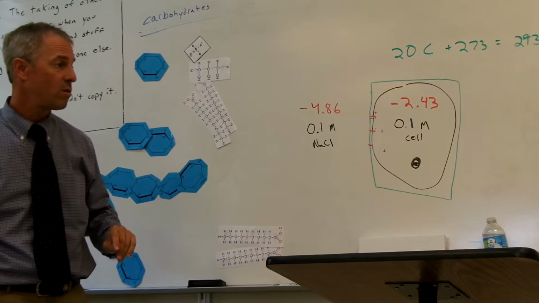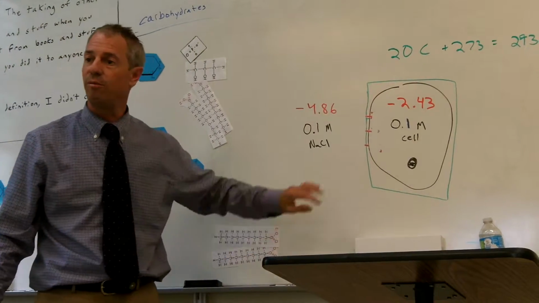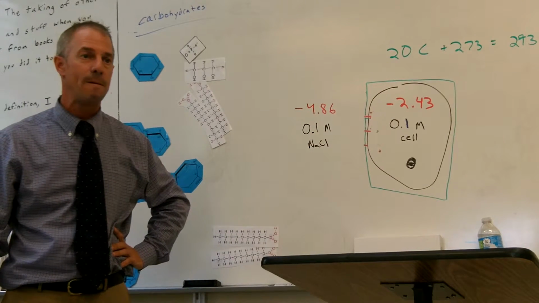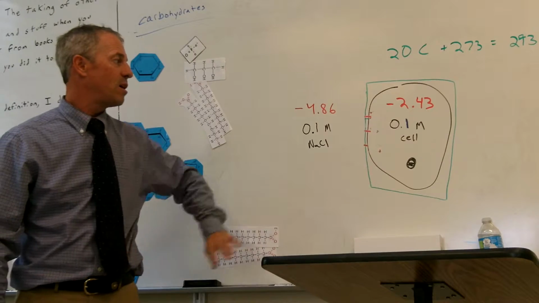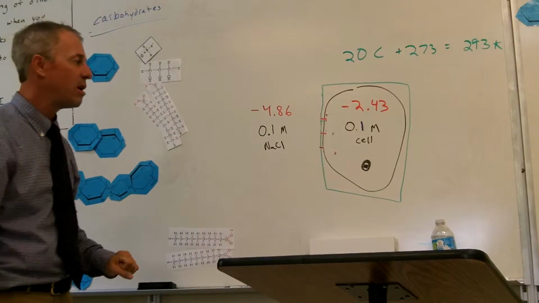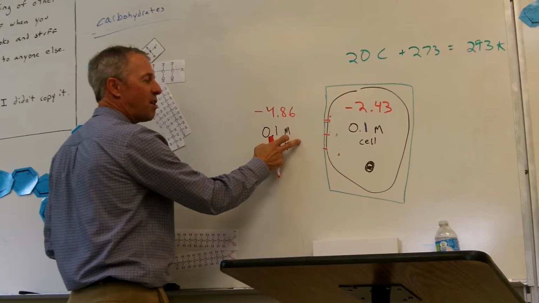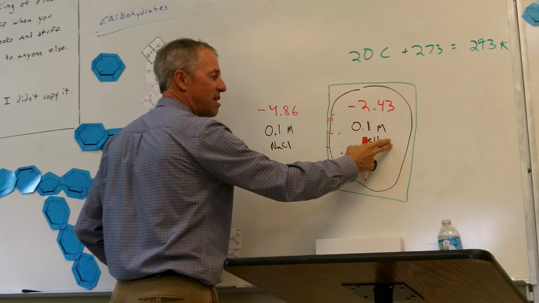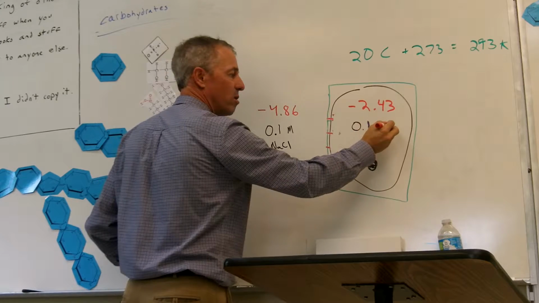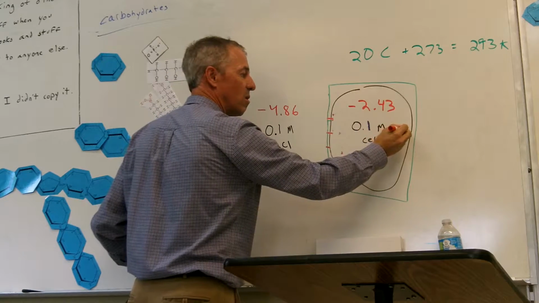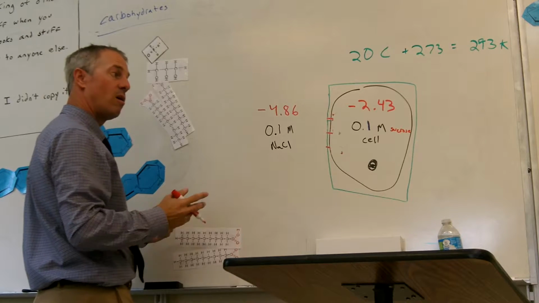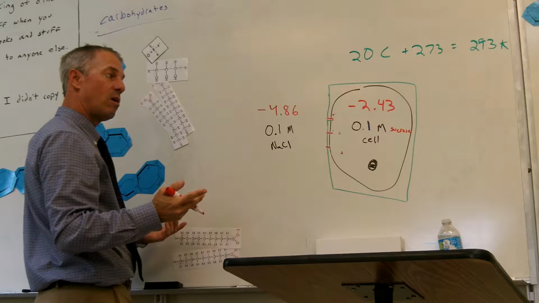Wait, how can you tell if there's pressure or not again? They'll say it in the problem, like operating at atmospheric pressure. Y'all see what's happening here? If you put 0.1 molar salt outside the cell and 0.1 molar sugar inside the cell, which way is water going to go? Out of the cell.